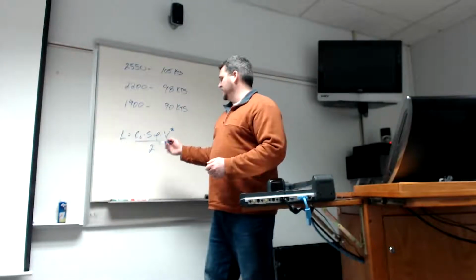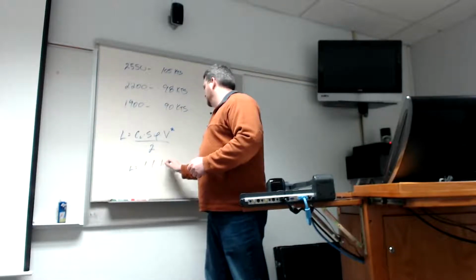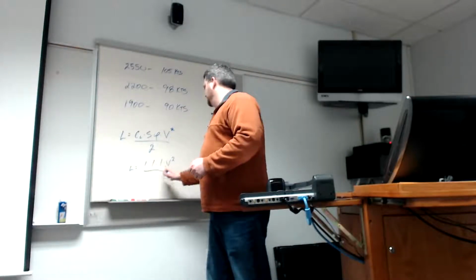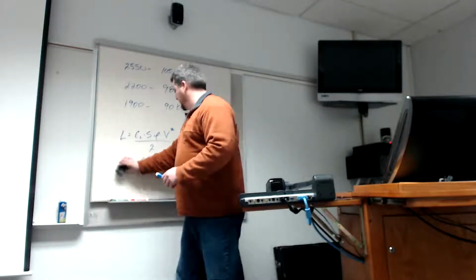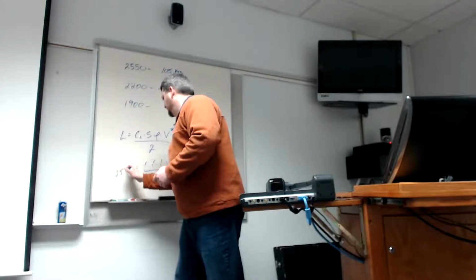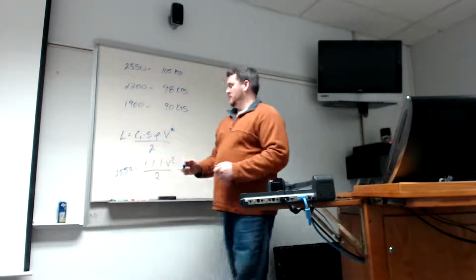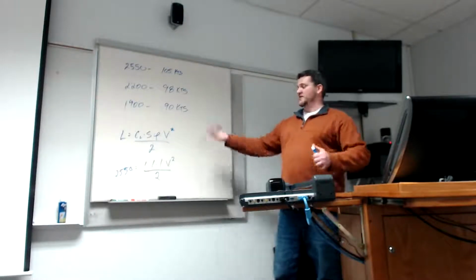So if you just change everything to 1, we're going to throw a weight in here instead of just L. Let's go 2550. Now, what's going to get you to 2550 if everything's 1 except for velocity?